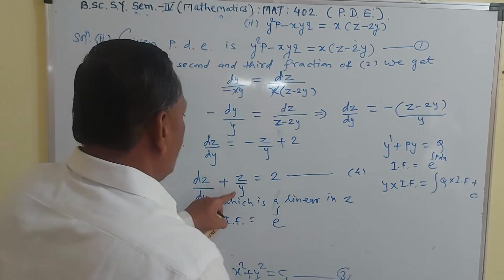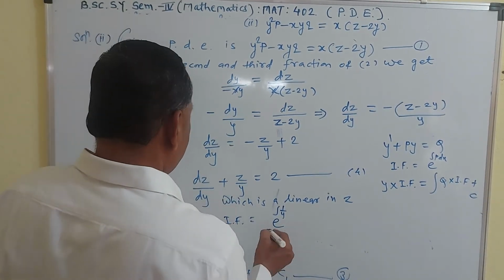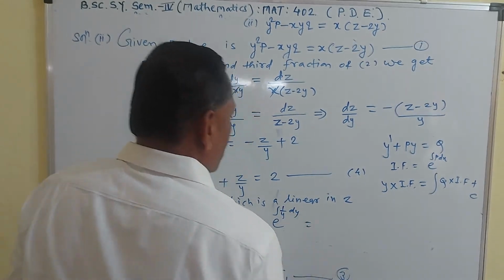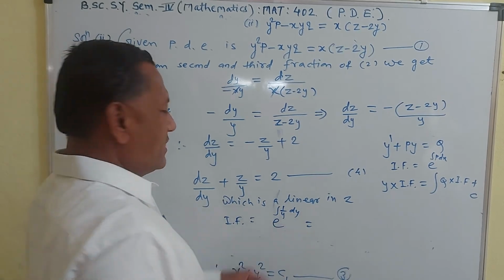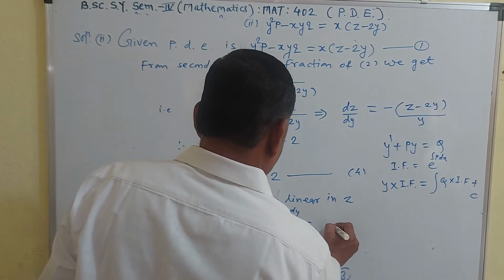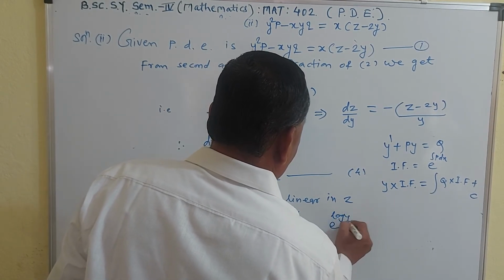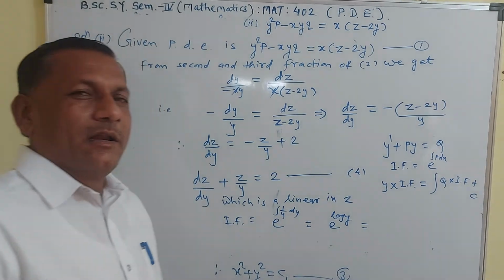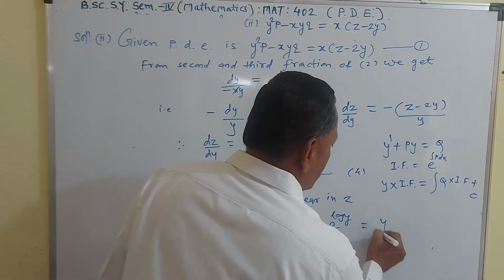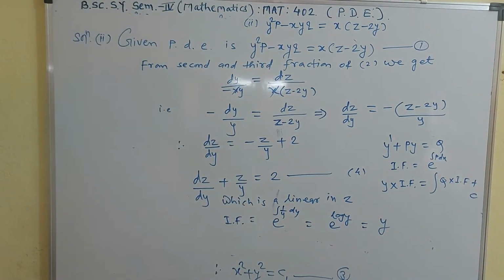Here P means 1/y, and the integration of 1/y is log y, so e raised to log y. The logarithmic and exponential functions are inverses of each other, therefore it equals y. So the integrating factor is y.